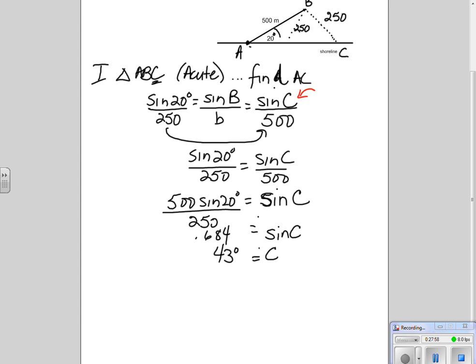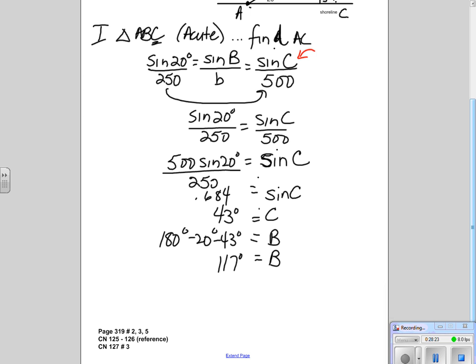If C is 43 degrees, then I have angle B as 180 minus the 20 minus the 43. I am left with, for angle B, 117 degrees. I wanted to find side AC, which is little b. So I'm going to just finish this part up by finding little b. So sine of 20 over 250 equals sine 117 over little b.